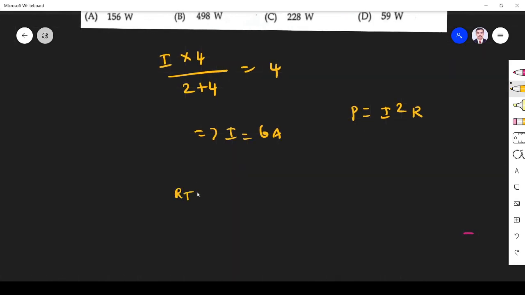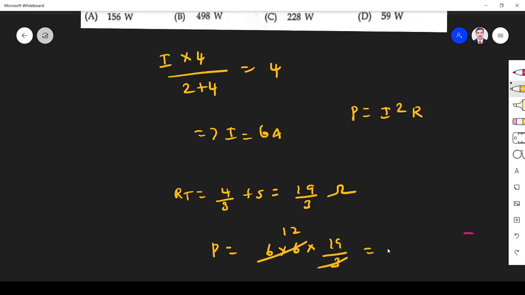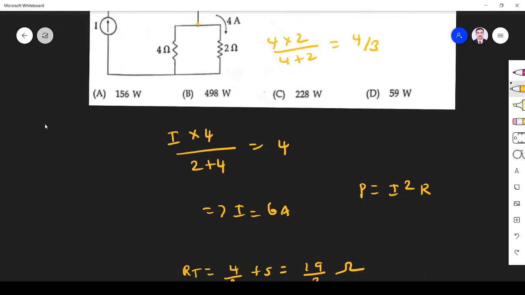So R total is equal to 4 by 3 plus 5, 15 plus 4, 19 by 3 ohm. So P is equal to I squared R, 6 into 6 into 19 by 3, that is 12, so it is 228 watts. So option C is the right answer.